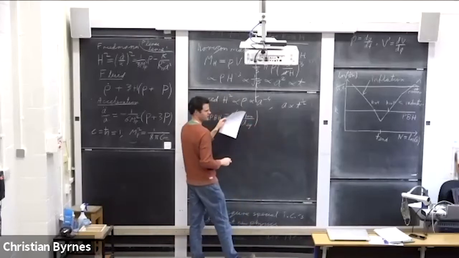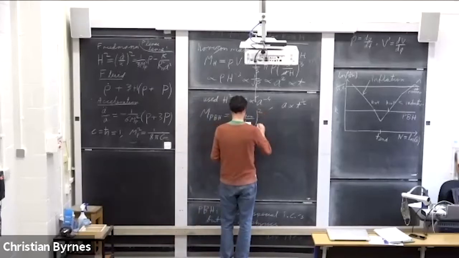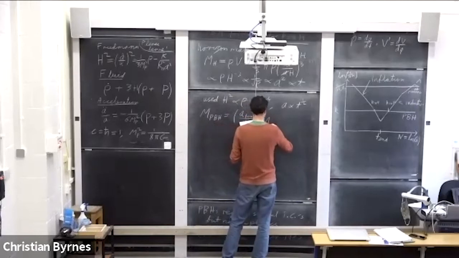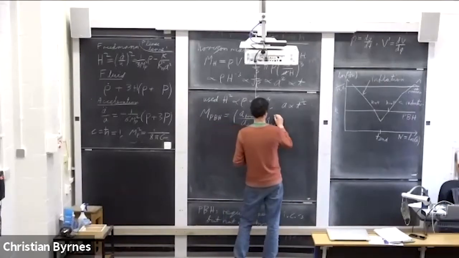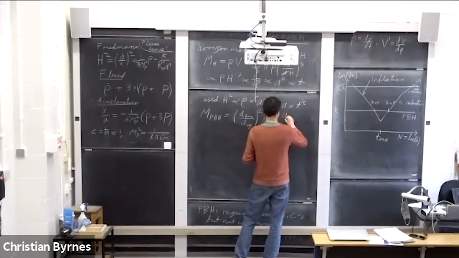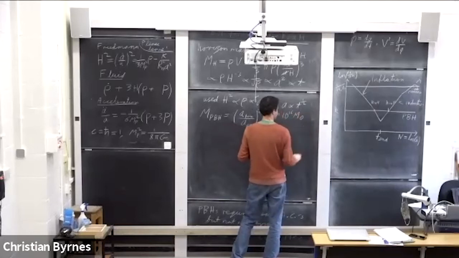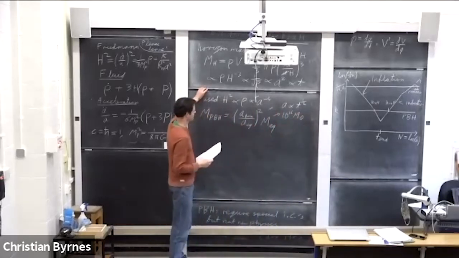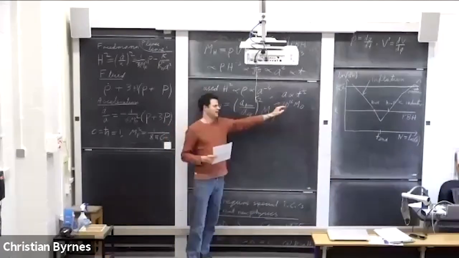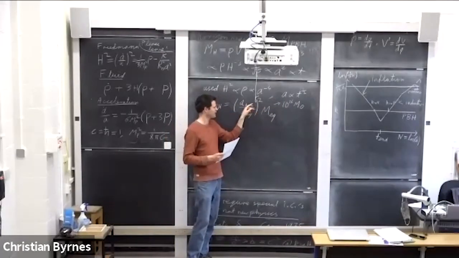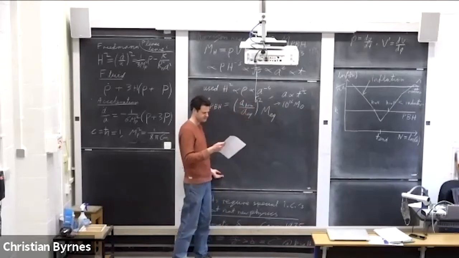It's going to be proportional to the square of this quantity times the mass at radiation matter equality. This thing, M equality, is about 10 to the 16 solar masses. That's an order of magnitude. So we can immediately see something like a solar mass black hole is going to form when the scale factor was a tiny, tiny fraction of the scale factor of matter radiation equality.